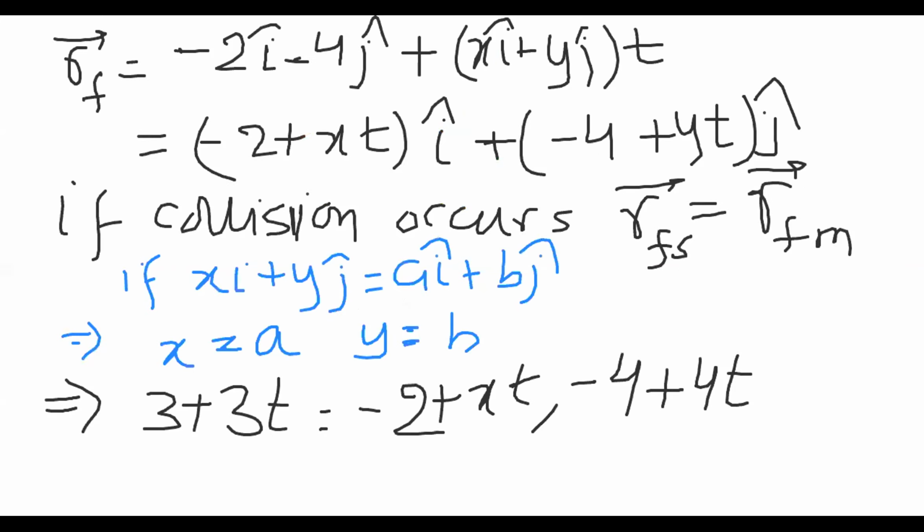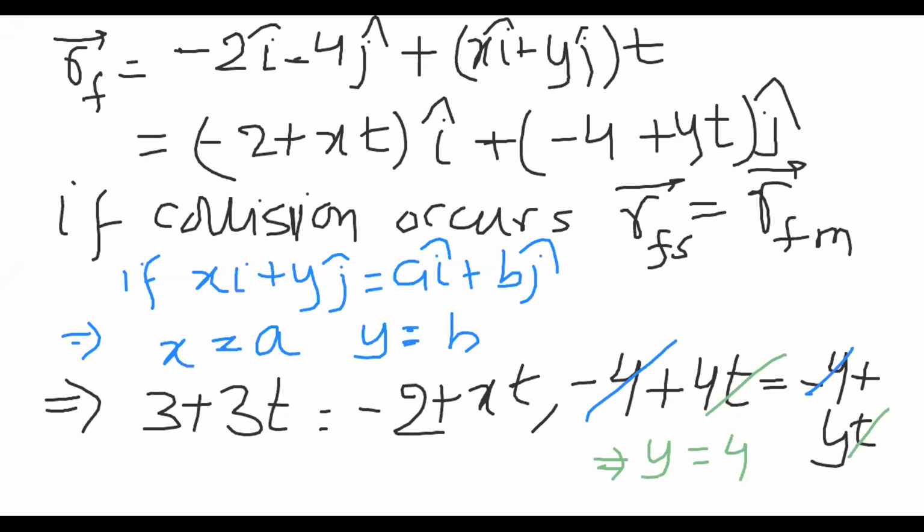Okay, so this is very nice because in the second equation, this cancels out. And t, of course, will also cancel out. So I will get y is equal to 4.